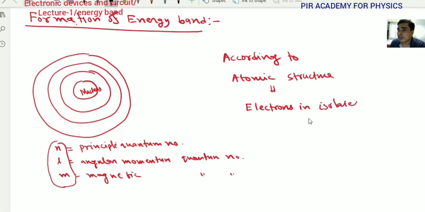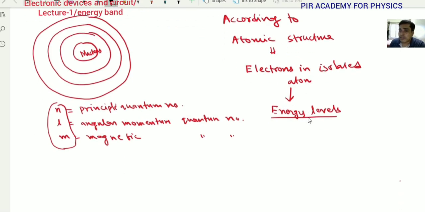This is very important. Like 1s is an energy level, 2s is an energy level, 2p is also an energy level, 3s is also an energy level, and 3p is also an energy level.